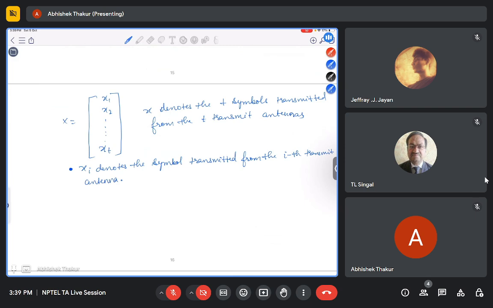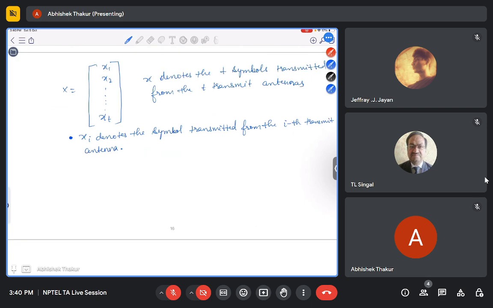Now at the receiver end, we will get the symbols Y1, Y2, up to YR. These are the R received symbols, and Yi denotes the symbol received at the ith receive antenna.